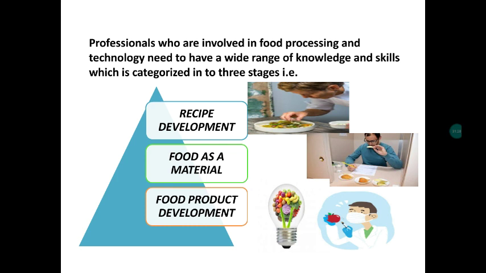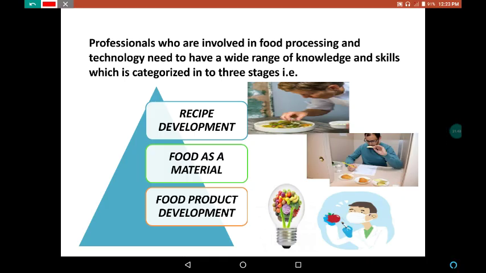So when we are talking about professionalism in the food processing and technology industry, job opportunities, career opportunities, any professional involved in food processing and technology needs to have a wide range of knowledge and skills, which is characterized in 3 stages: recipe development, food as a material, and food product development.